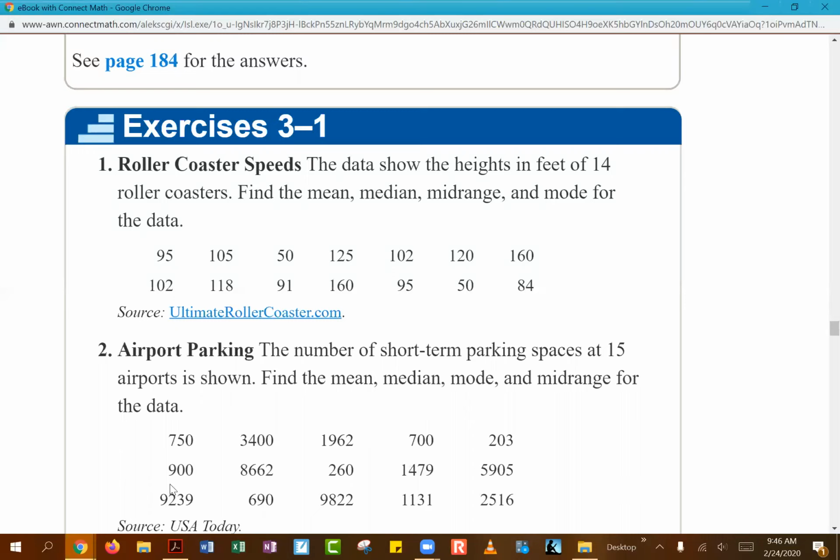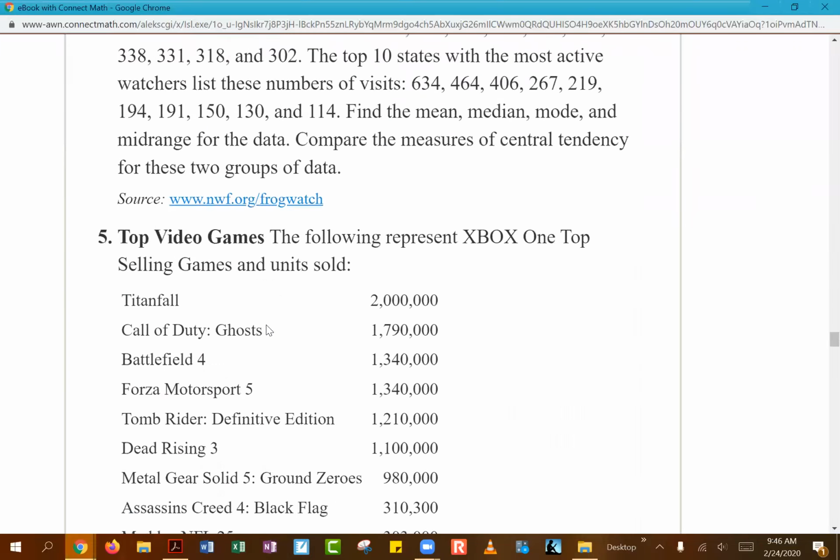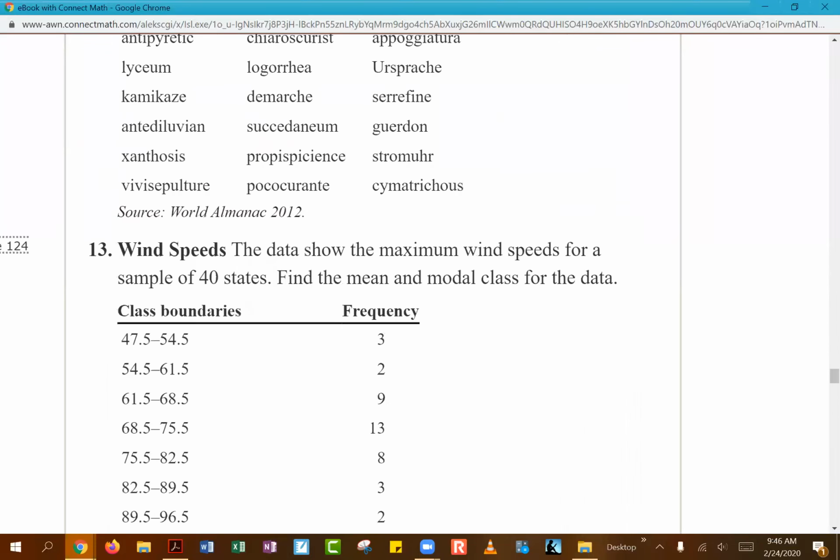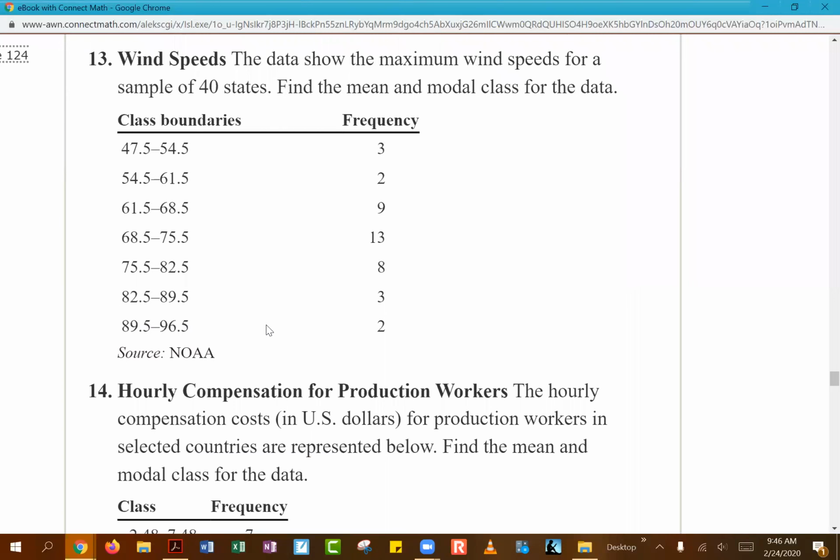Okay, and then number 13, can we calculate a mid-range there? I guess we could. What could we do for the mid-range calculation for number 13? What would be our lowest value in this case?